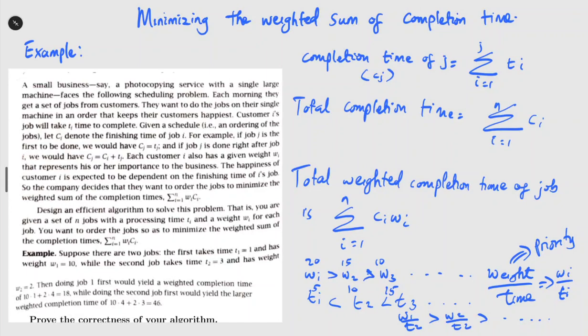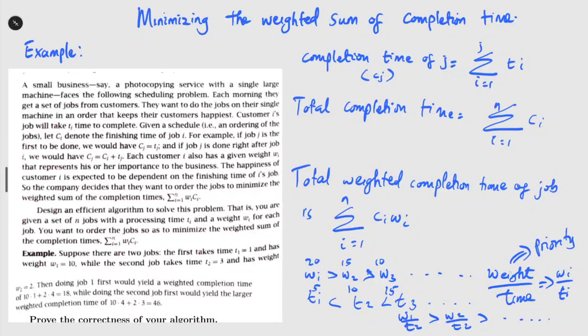But if we decide to use the converse ratio for priority, that is time divided by weight, we would see that instead of this decreasing order, it will become an increasing order. That is Ti over Wi less than Tj over Wj. Let's say T1 over W1 less than T2 over W2 less than T3 over W3.